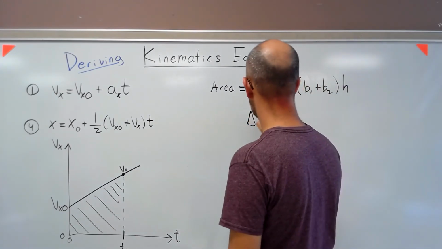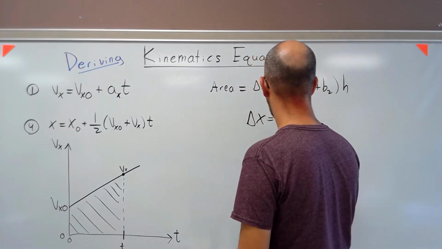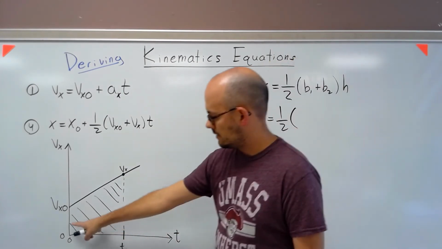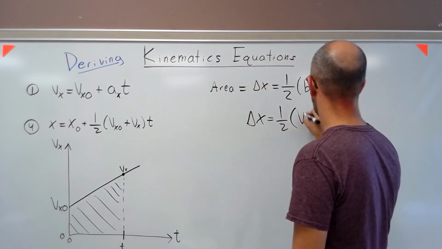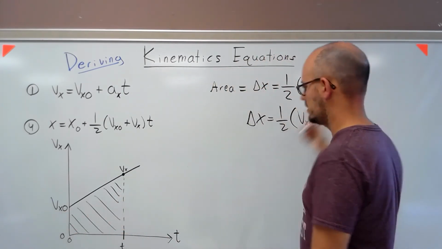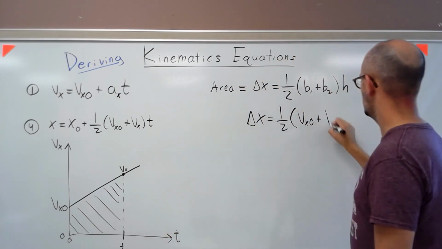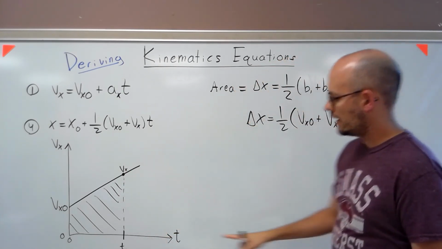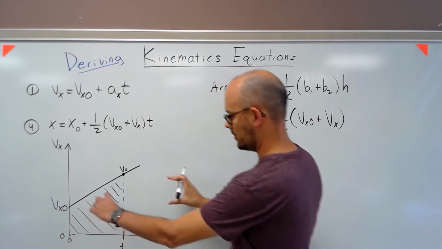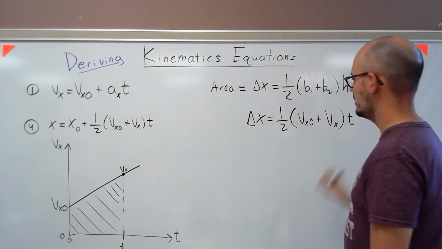My displacement is equal to 1/2. We'll say the first base is this one, and that is Vx naught. The second base is this one, that's Vx. And then the height is actually, in our view of this, the width, and that's time.